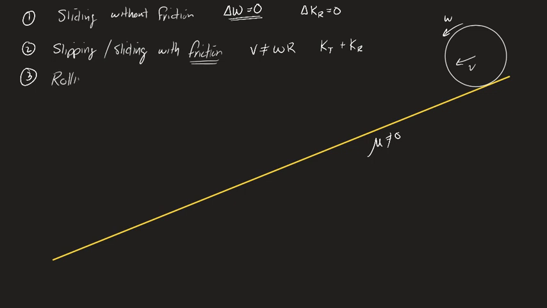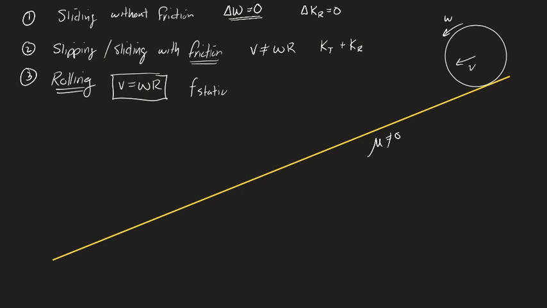Rolling is specific. If you are told that something rolls, you're being given a very specific piece of information. First, this has to be true for the condition of rolling. There is a link between how fast the object's moving and how fast the object is spinning. They are directly connected together. Also, rolling takes place with static friction, not kinetic.